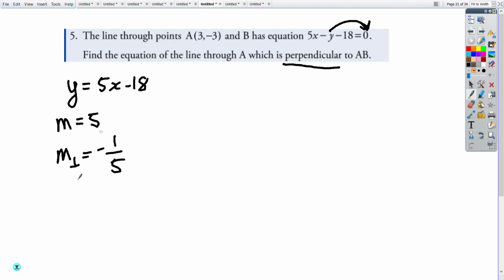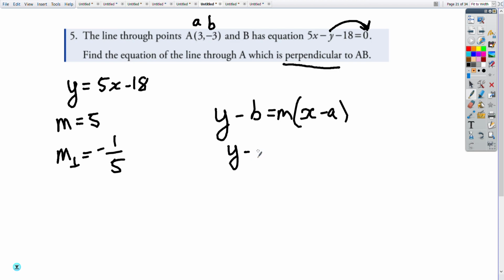Now we've got the gradient, we have this point A, because it says it goes through that point A, and it has a gradient which is perpendicular to AB. And so we're going to use y minus b equals m(x minus a). So it's y take away -3 equals -1/5 (x minus 3).